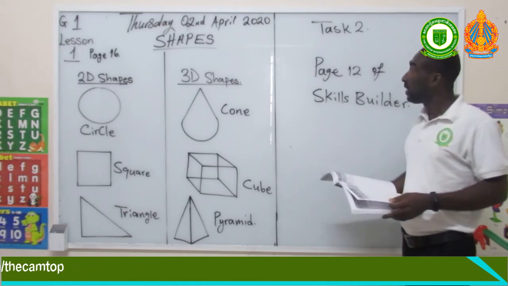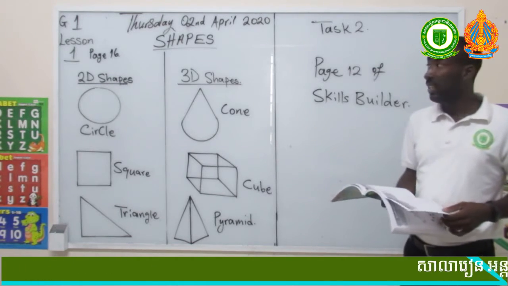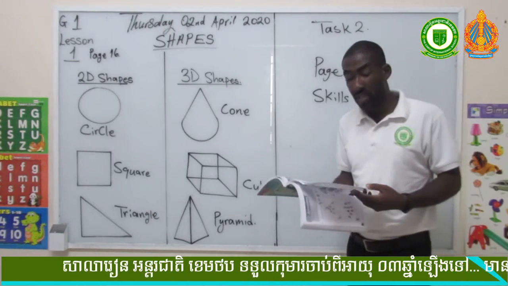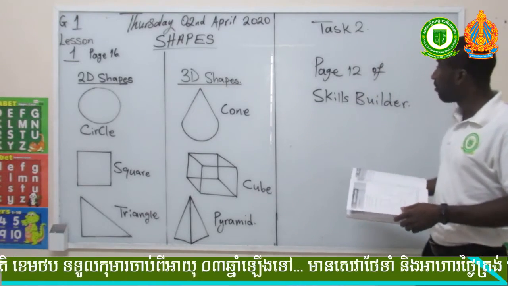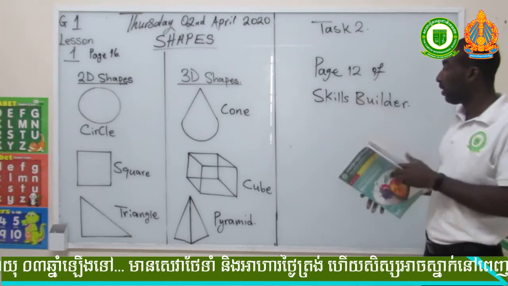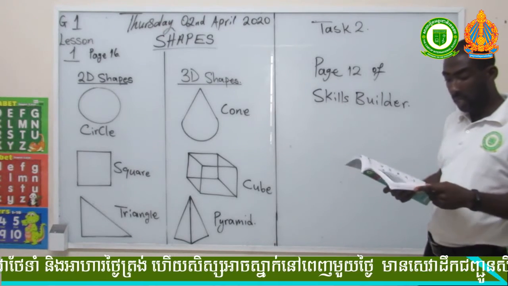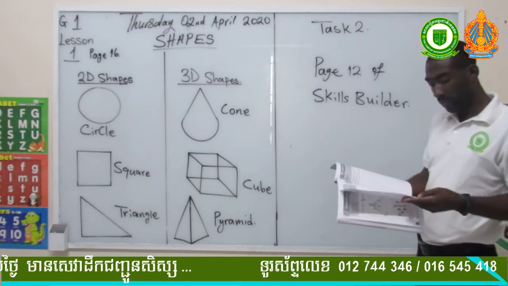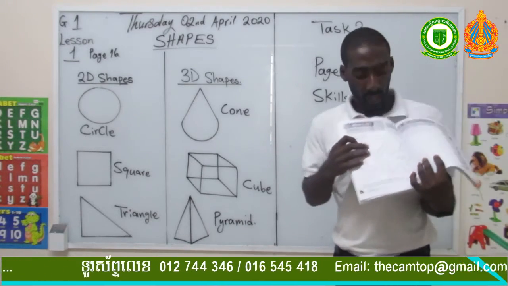Our next activity, task 2 for the day, is for you to show the teacher that you understand today's lesson. You can find it at page 12 of the skills builder part of your textbook, okay?